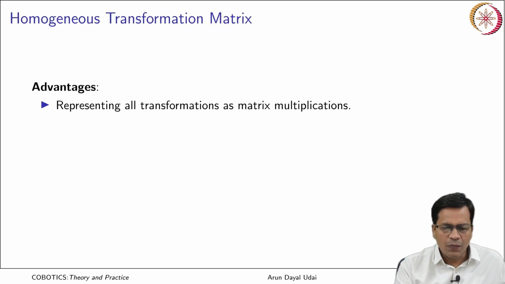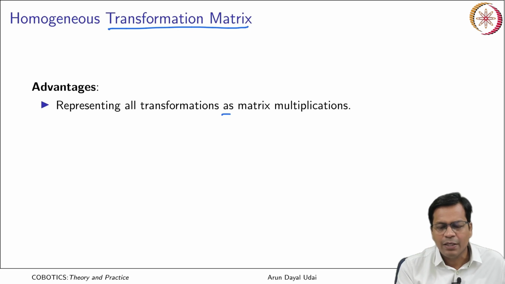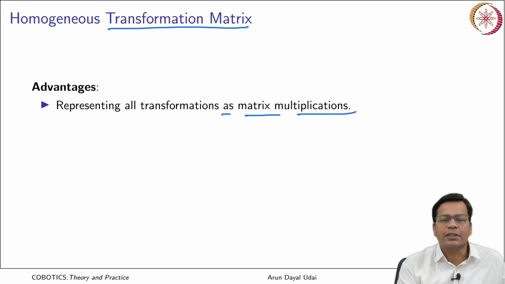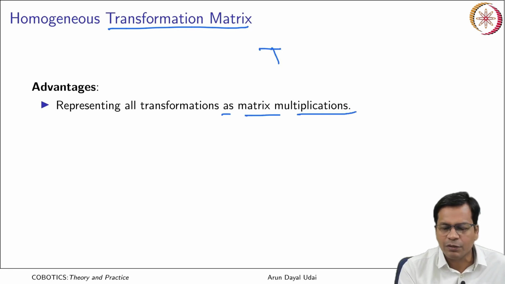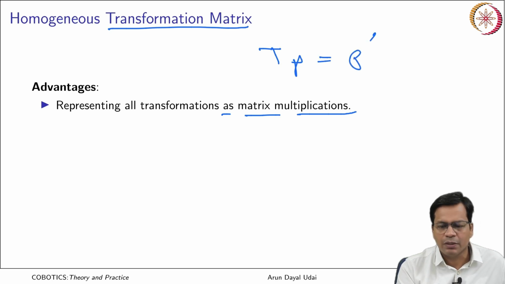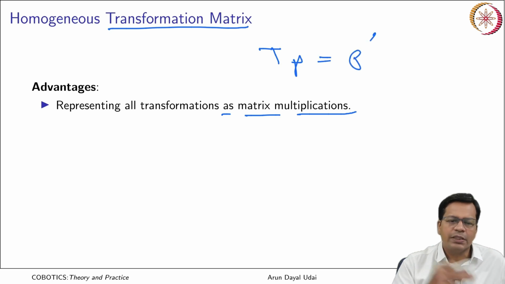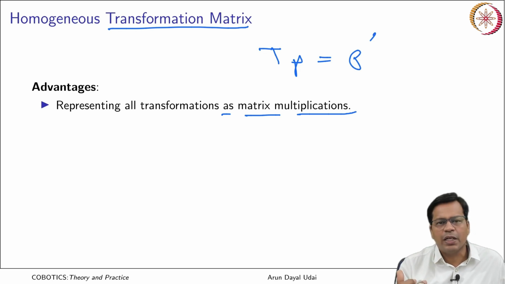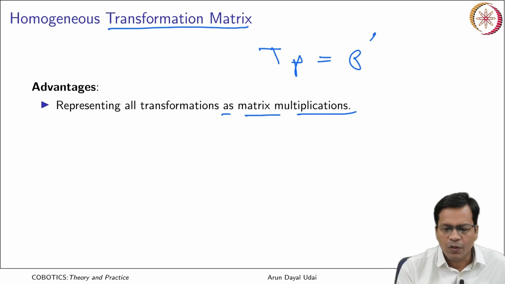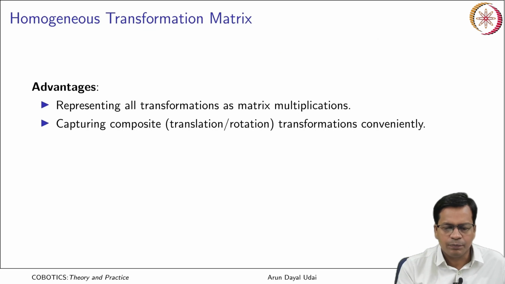This homogeneous transformation matrix can now represent all the transformations as a matrix multiplication. You have to apply this transformation to a point to get to a new position or a pose, if it changes both the position as well as orientation. So, it is a multiplication over here.